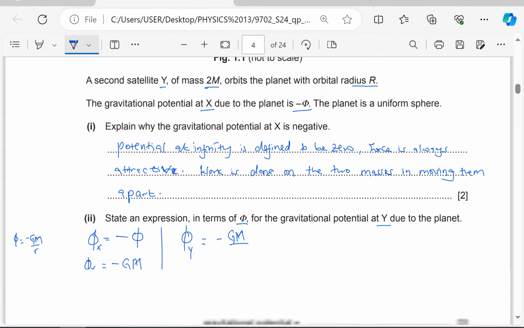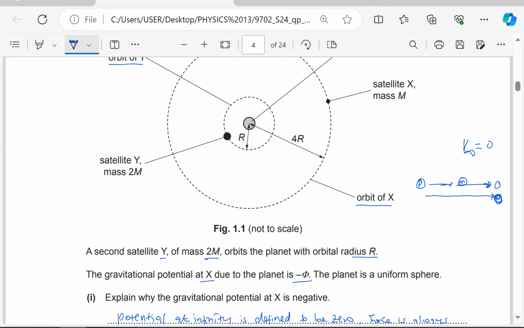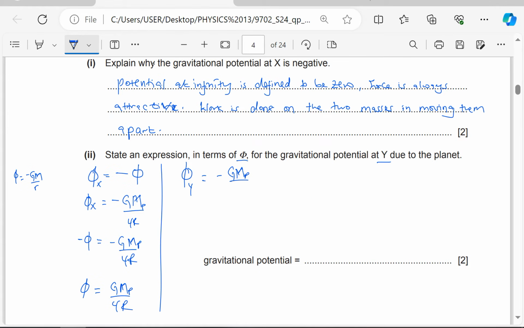So this capital M is the mass of the planet. It should not confuse us at all. This is the mass of the planet, not the mass of any of these. So this is going to be negative GMp over the distance of y from the center, which is just r.